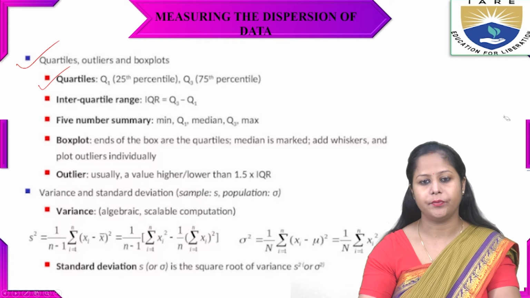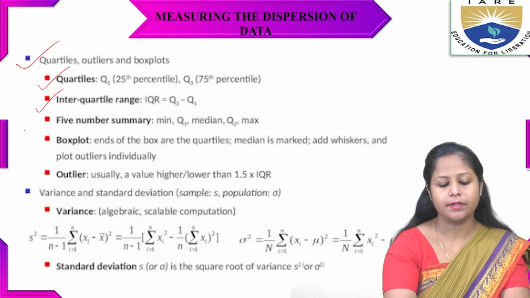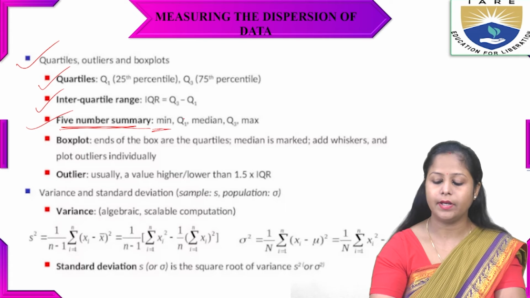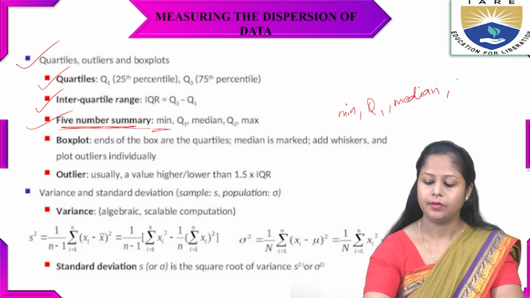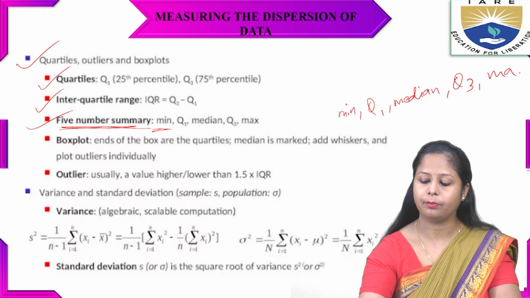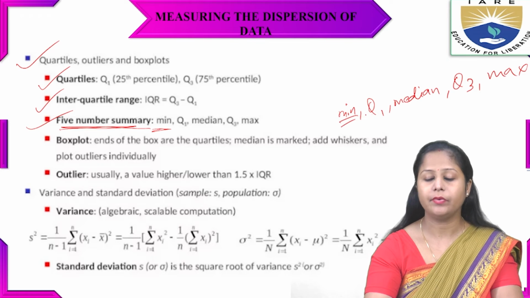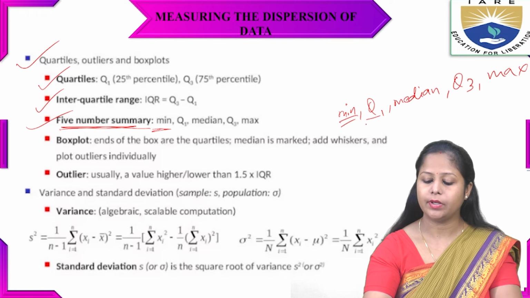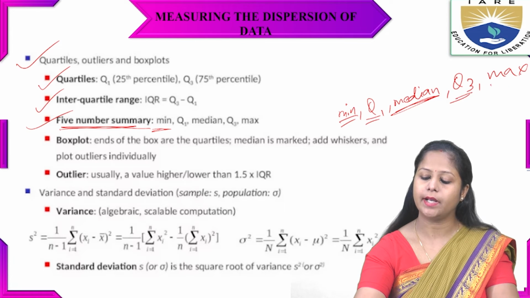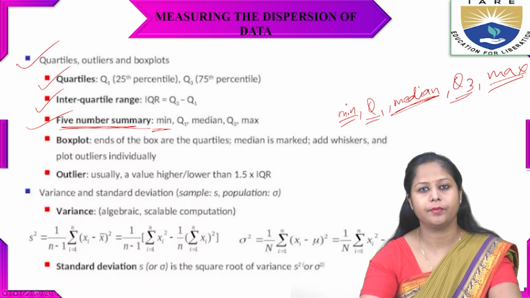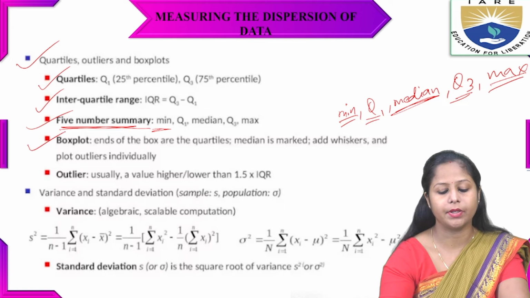I mentioned the 5 number summary first: we call it minimum, Q1, median, Q3 and maximum. Minimum we can calculate, Q1 we can calculate from the data, median we have the formula, Q3 is the third quartile, and maximum from the data set. So this is the 5 number summary.